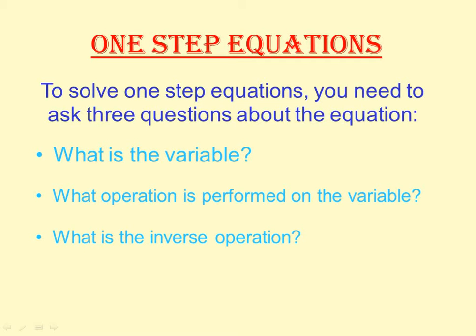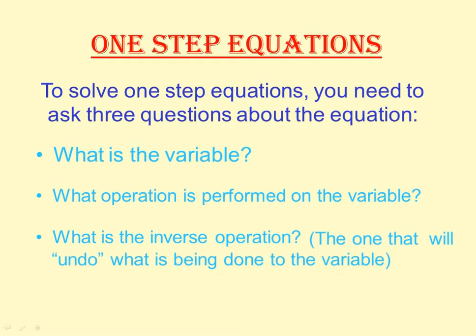Now then you have to ask yourself, what's the inverse operation? The inverse operation is the operation that will undo what is being done to the variable. It means that if the sign before your variable is a plus, so your variable is added, the operation that makes your variable unadded is subtraction.